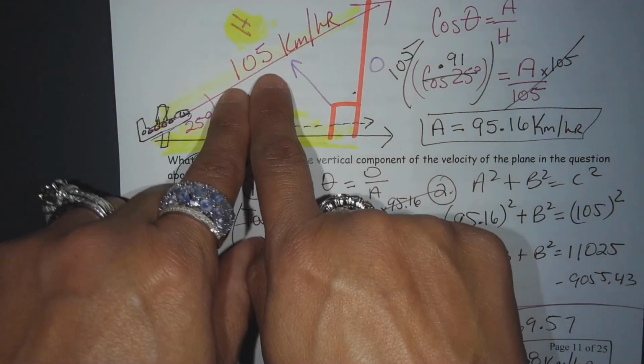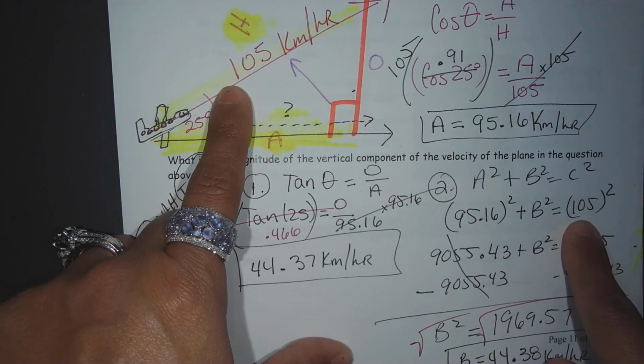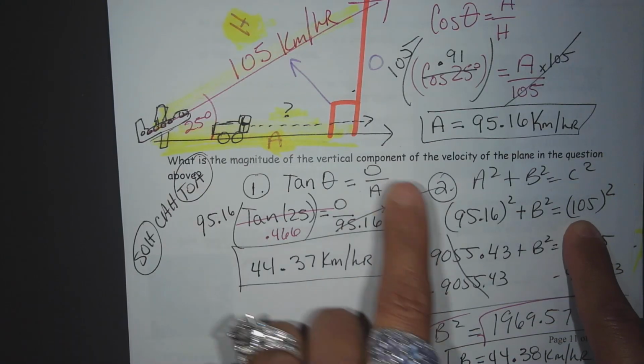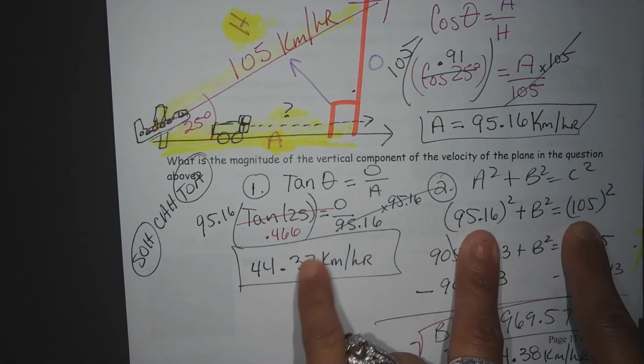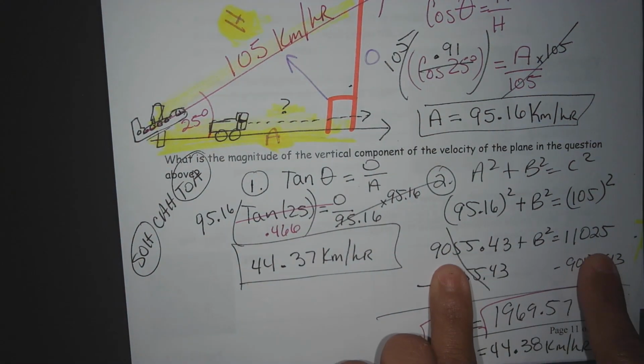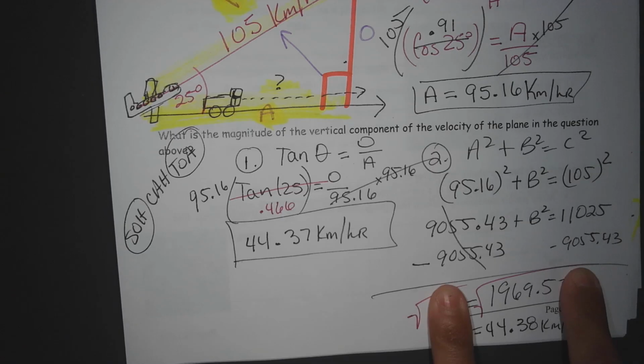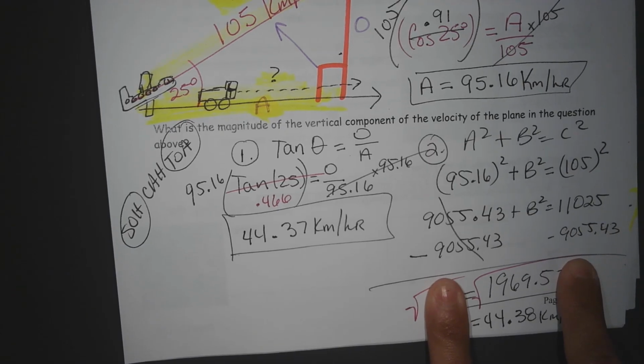But look, I did a Pythagorean. Isn't this your hypotenuse leg, which is c squared? So c squared is 105. I called this a squared, and I called this b squared. I found out what the number was, and you have done Pythagorean before.